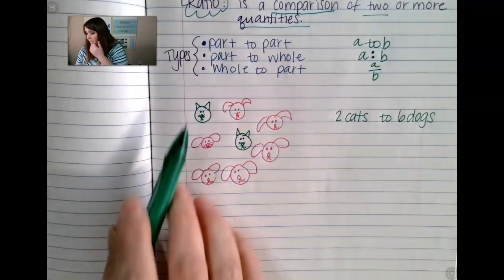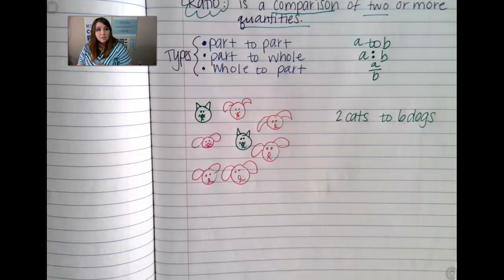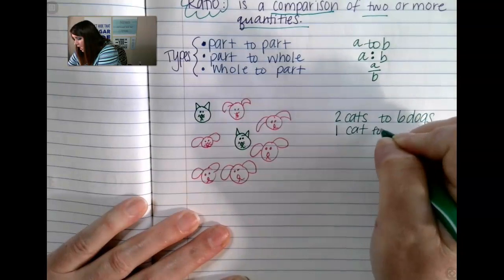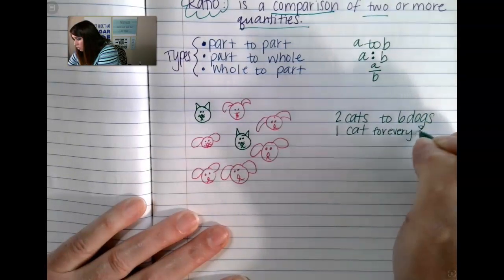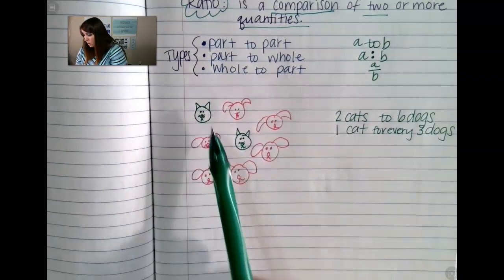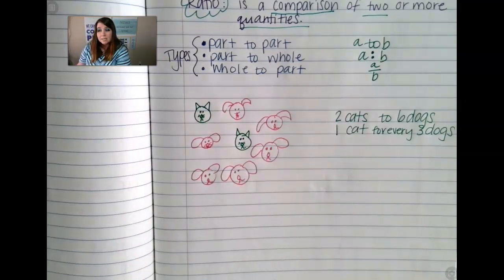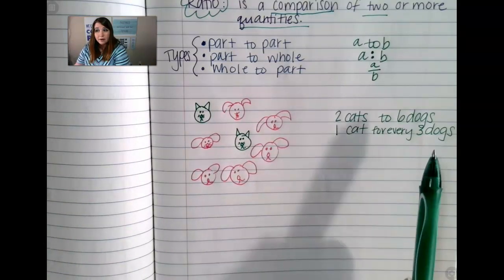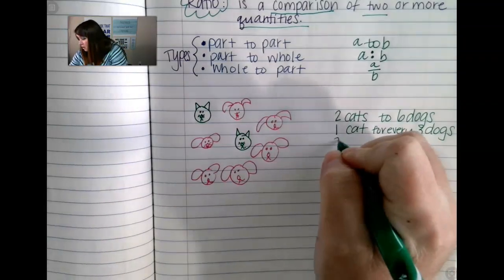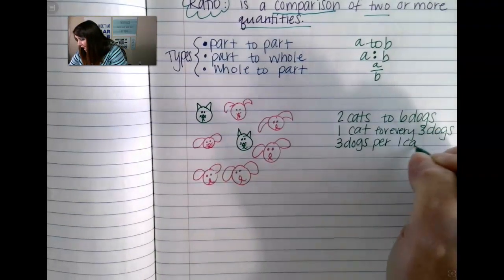I can also say that I have 1 cat for every 3 dogs. So for every 1 cat, there are 3 dogs. I could also say that there are 3 dogs per 1 cat.